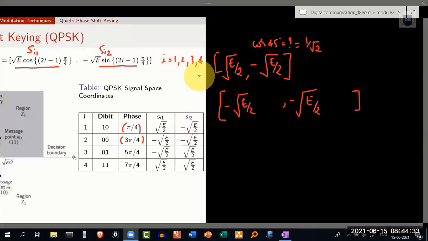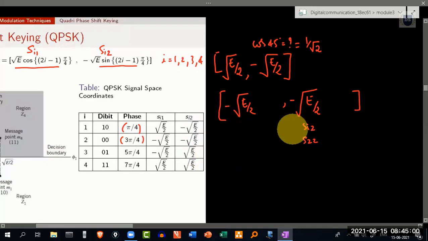That is what we are writing in table form over here. So this is SI1, this is SI2, or specifically S21 and S22. Likewise, I can get these two values by substituting I equal to 3 and I equal to 4.